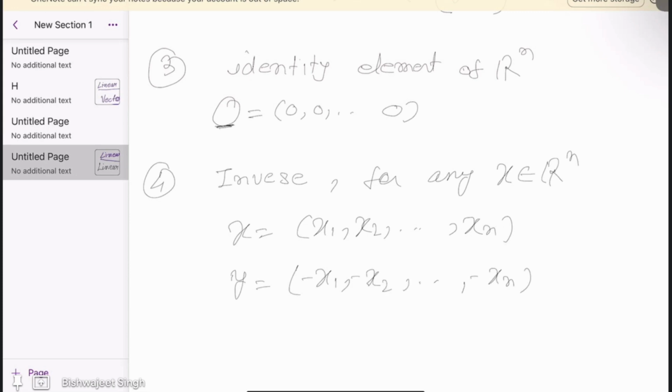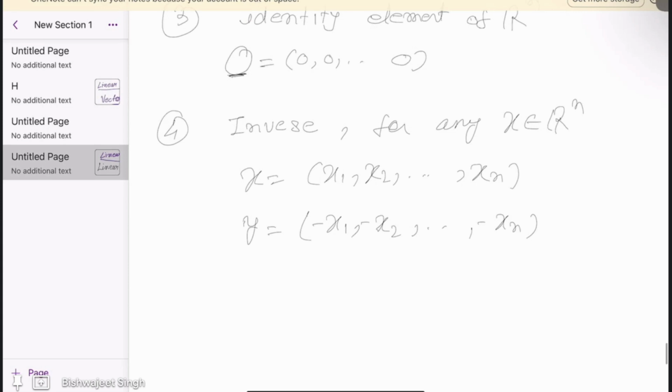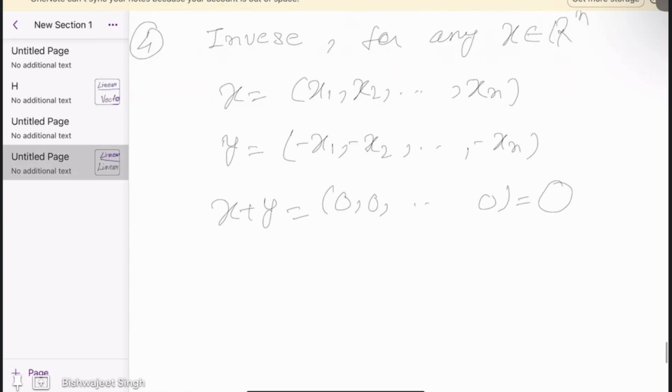So now if I add x plus y, that is, if I add component wise x1 plus minus x1, x2 plus minus x2, I am going to get 0, right? I am going to get the 0 vector. So for any x, I got this y as inverse. This y is the inverse.